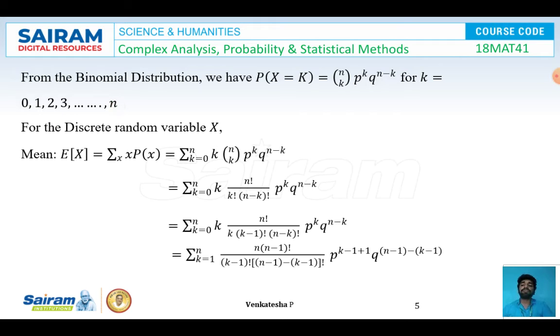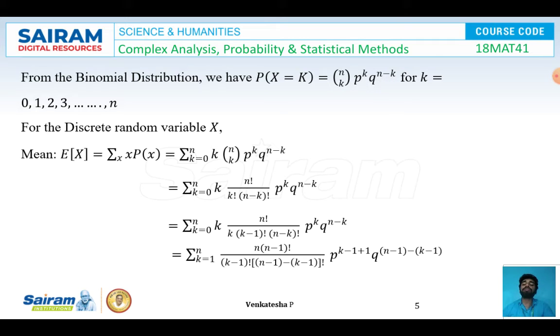Since this binomial distribution is a discrete random variable case, for the discrete random variable x we have the formula for the mean, that is summation x into P(x). Now I am going to replace P(x) with P(X = k) = nCk p^k q^(n-k).